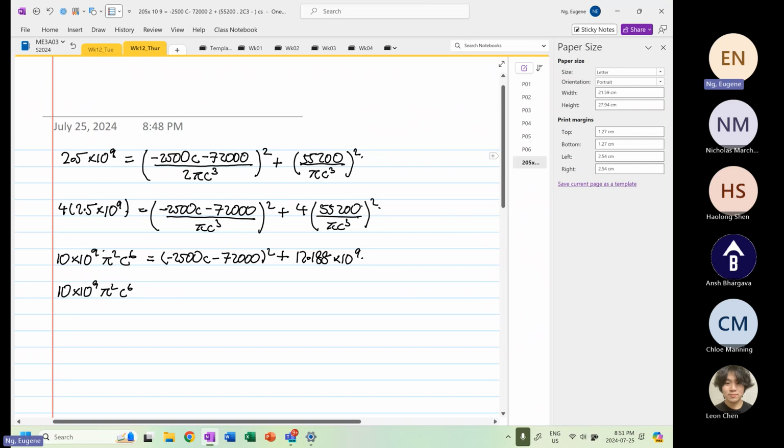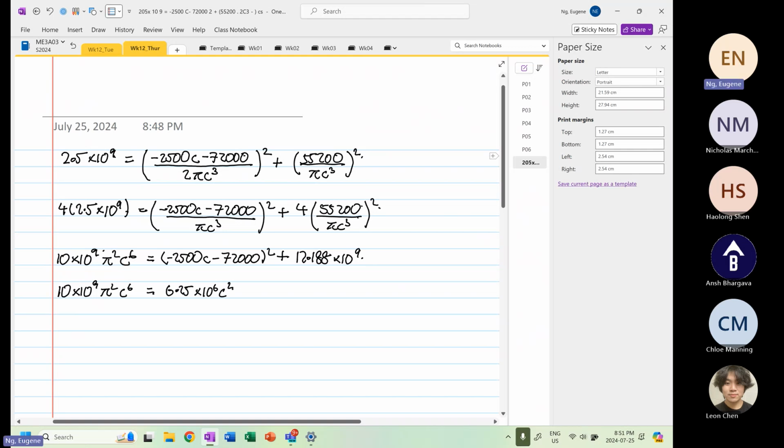Okay, 10 power 9. So this whole thing will be equal to 6.25 times 10 to the power 6 C squared.